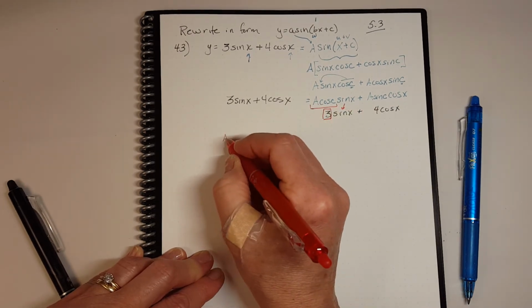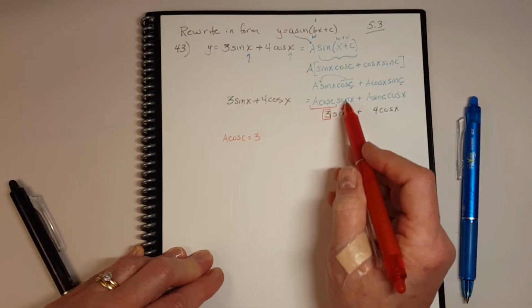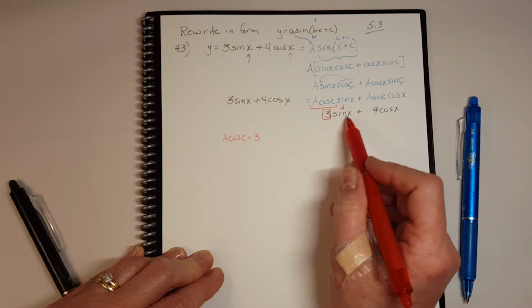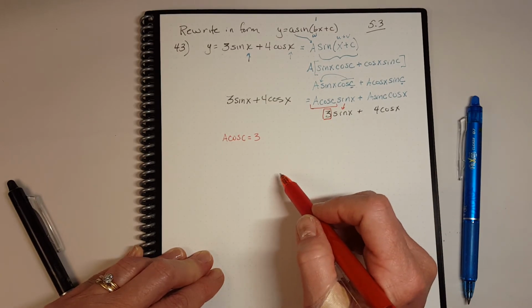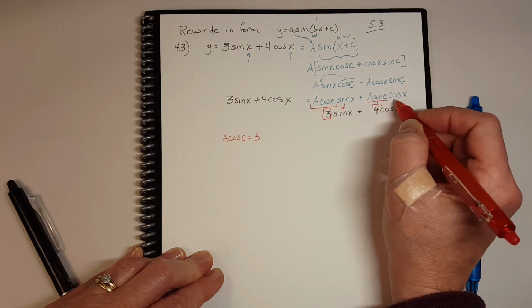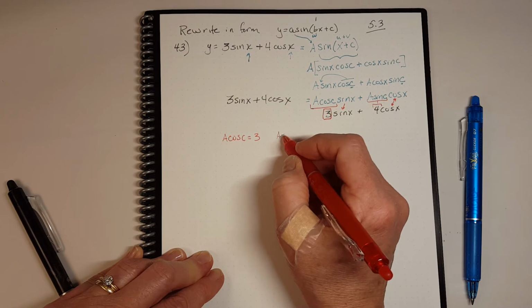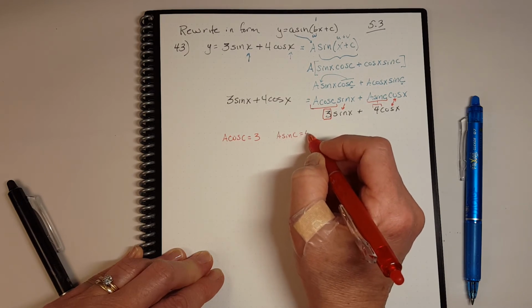So I'll write that over here. A cosine c has to equal 3, because a cosine c times the sine of x is supposed to be 3 sine x. And a sine c is going to have to equal the 4, because the cosine of x is the same there. So we're going to say that a sine c is equal to 4.